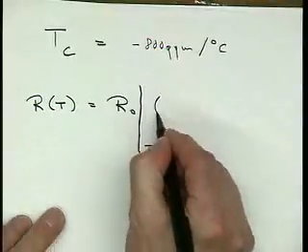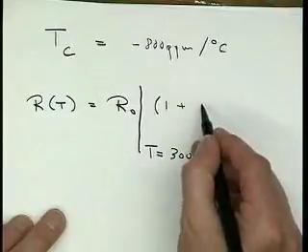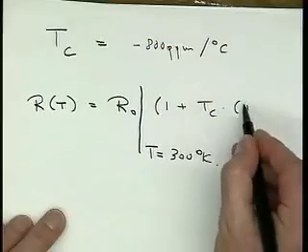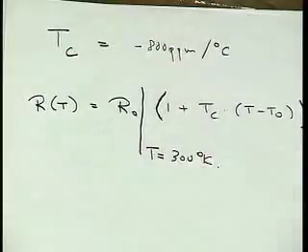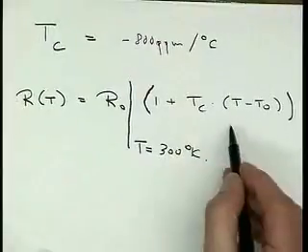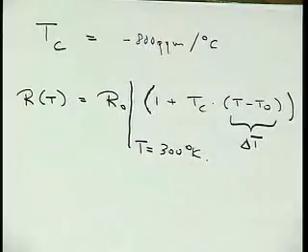And then it's 1 plus TC times (T minus T0). So that's the value of our resistor. This is basically delta T, the difference of the temperature of the resistor from the temperature at which the value of the resistor was specified.